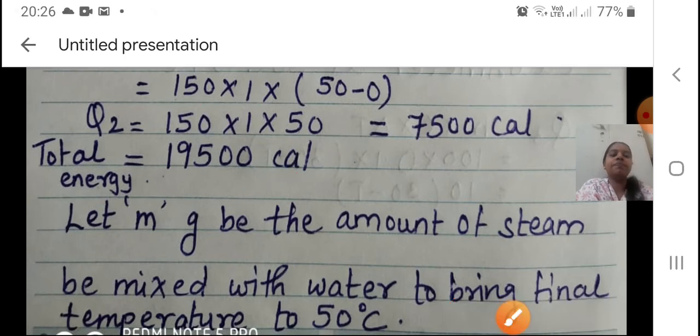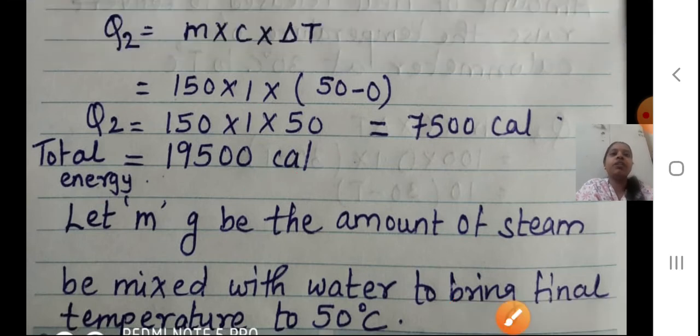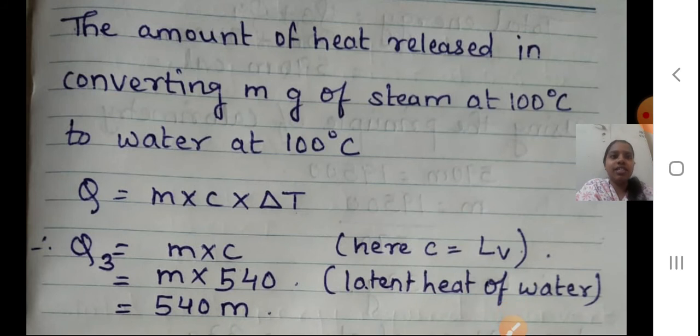Now see here. The amount of heat released in converting m gram of steam at 100 degrees Celsius to water at 100 degrees Celsius. Now this steam will turn to water at what temperature? 100 degrees Celsius. So some heat will be released at that time to convert this m gram of steam to water. What will that be?